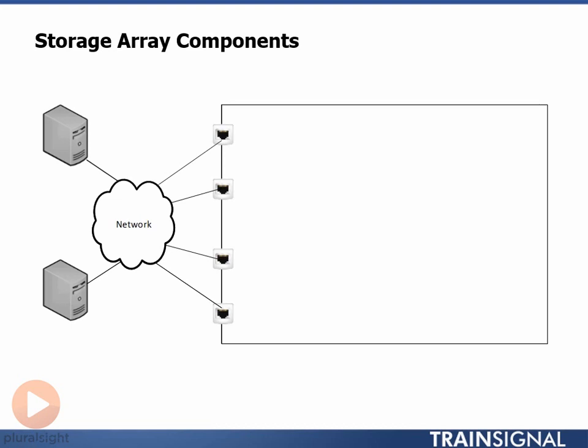Each of our hosts also has network ports, which they use to connect to the same shared storage network. And in storage lingo, these are referred to as initiators or initiator ports. Basically, the initiator sends commands and requests such as read this, write that, to targets, and targets respond.